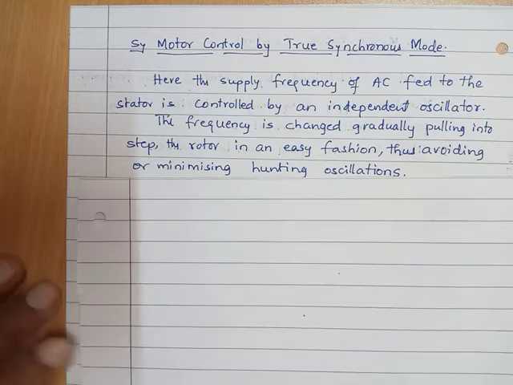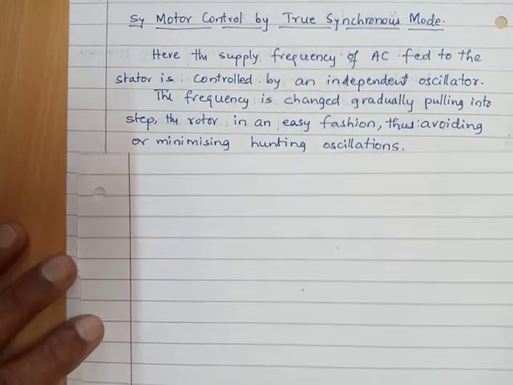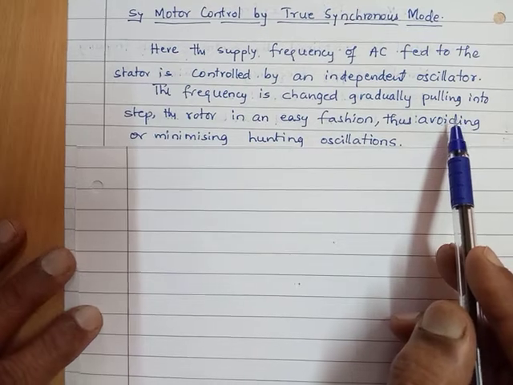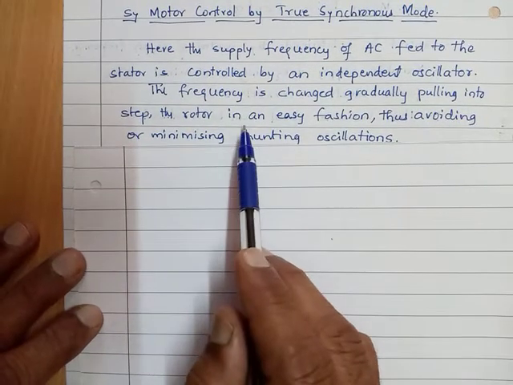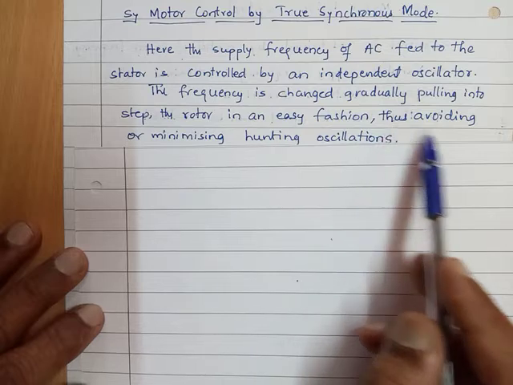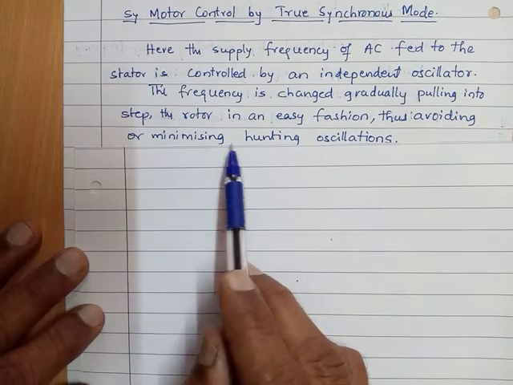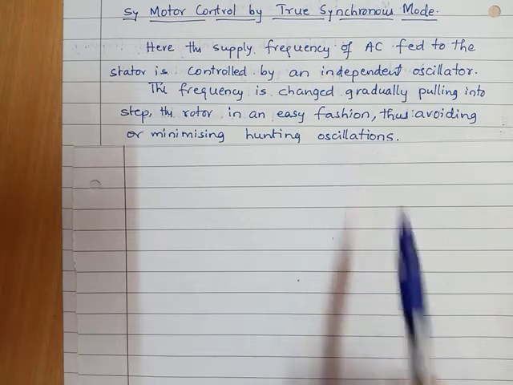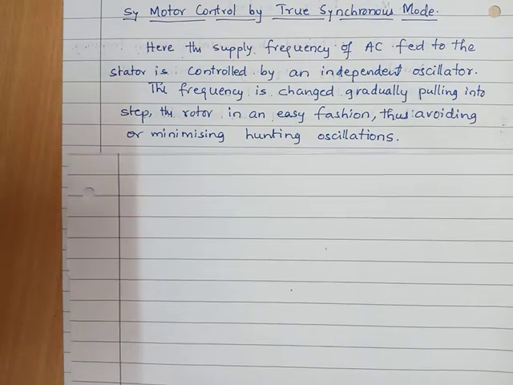And the frequency is changed gradually, pulling into step the rotor in easy fashion, which will avoid or minimize the hunting oscillations. The biggest problem in the synchronous motor operation is the hunting.